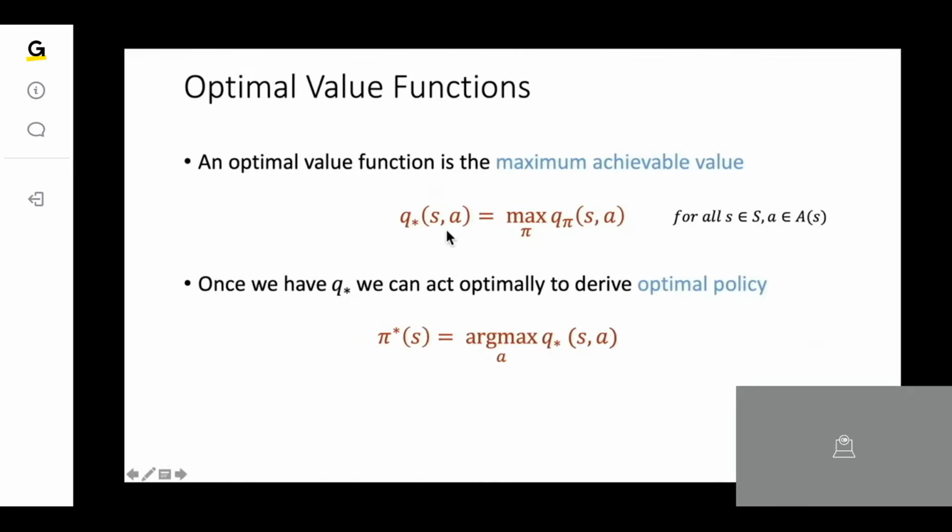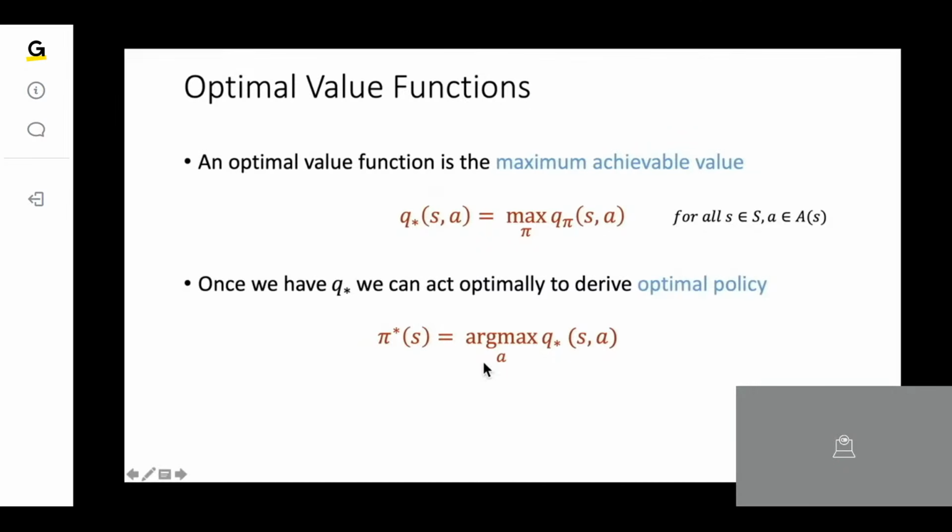That is what is called the optimal policy, and the corresponding action value function is called the optimal action value function, denoted not Q pi but Q star. Simply, this is defined as the maximum over all the policies of Q pi of S comma A. Now, why are we defining this optimal value function? Because once we imagine that we have Q star of S comma A for all state action pairs, then it is very easy for the agent to derive the optimal policy.